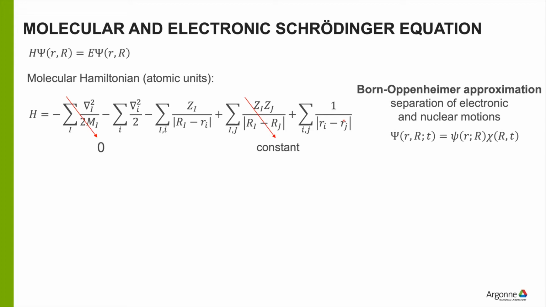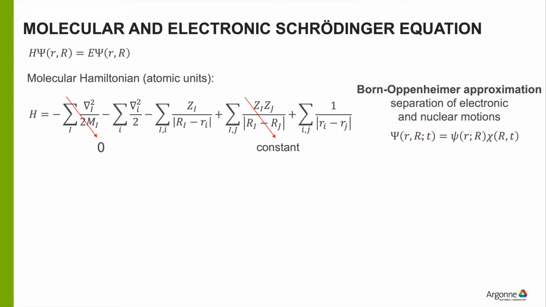In most applications, we employ the Born-Oppenheimer approximation, which allows us to separate electronic and nuclear motions due to the fact that nuclei move much slower than the electrons.